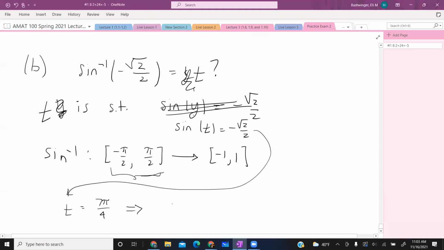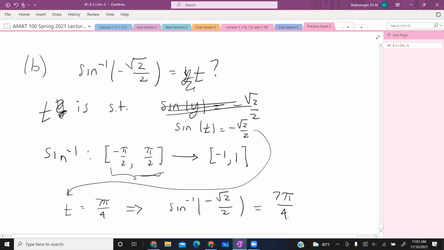So that implies that sine inverse of -√2 over 2 is equal to 7 pi over 4. Wait, something's not right actually, because that's not in this interval, is it?